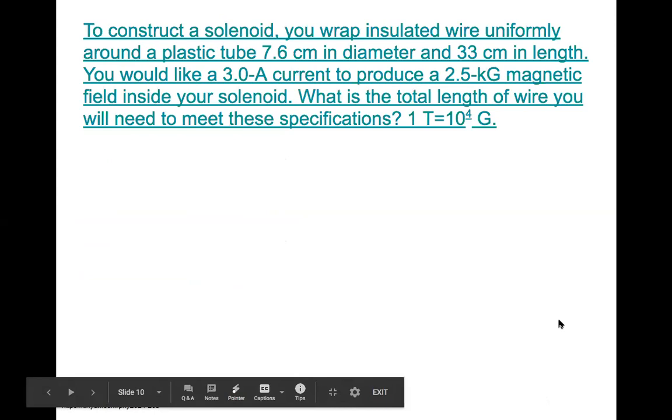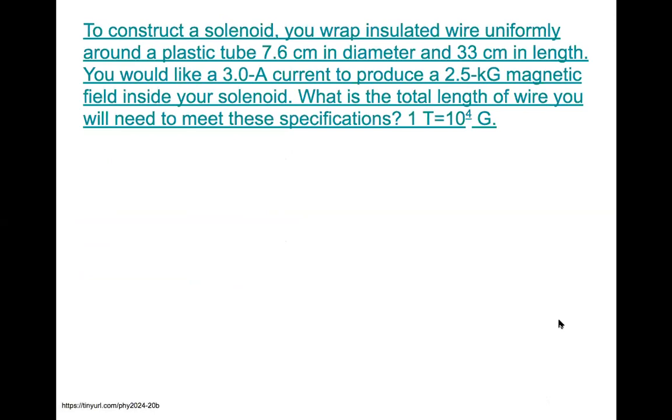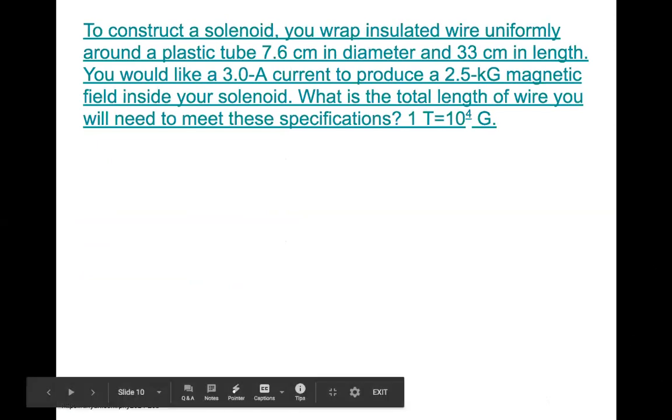Let's look at one example here. If you want to construct a solenoid, you wrap insulated wire uniformly around a plastic tube, 7.6 centimeters in diameter and 33 centimeters in length.